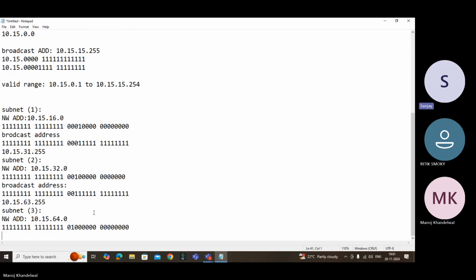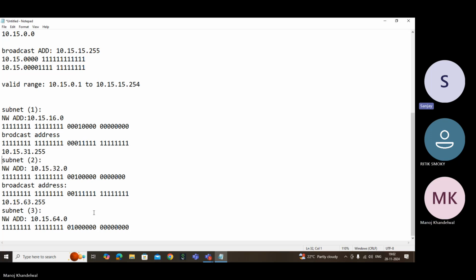So the question, Manoj, actually was for subnet 3. If you look at subnet 2 and subnet 3, and specifically at the broadcast address, we saw that 2 is written as 0010.